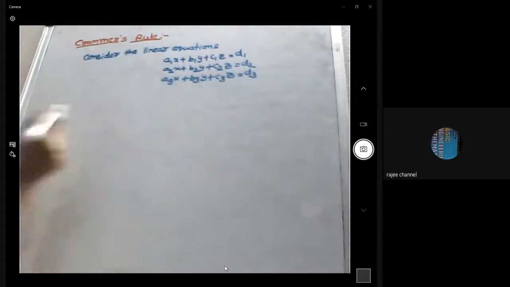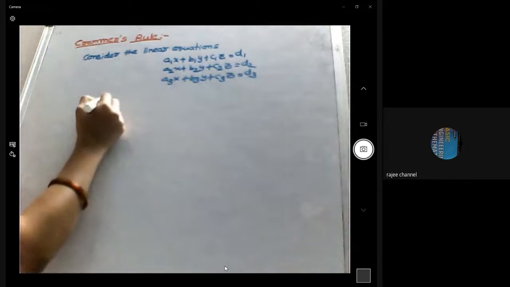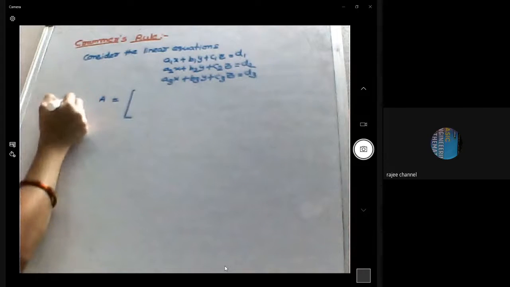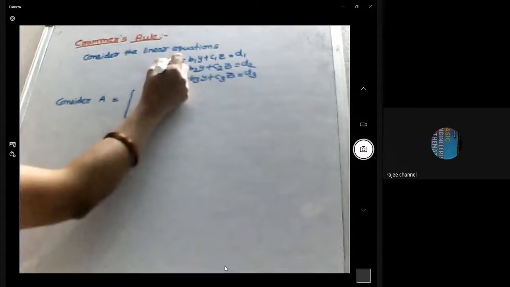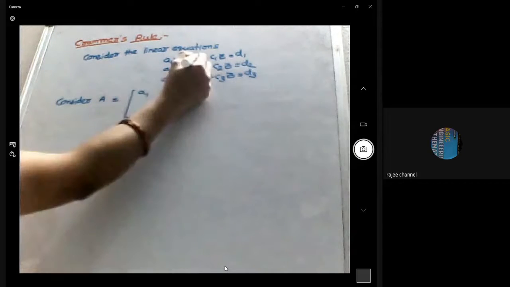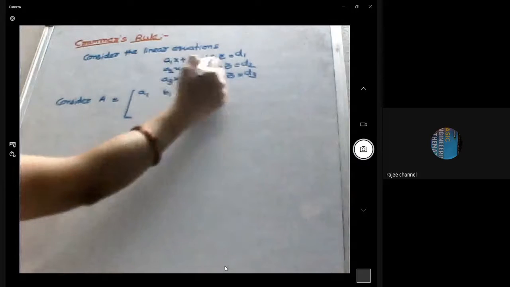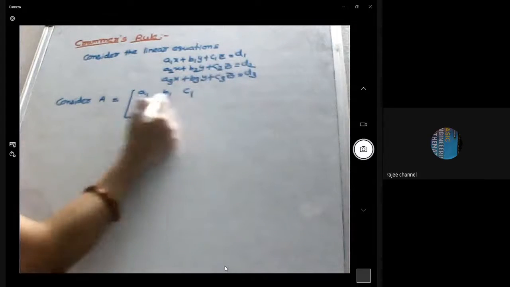Okay. So Cramer's rule method. First of all, we consider the matrix A. The x coefficient a1, y coefficient b1, z coefficient c1 of the first equation are taken as the first row.